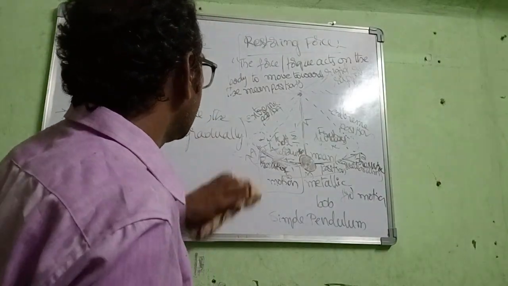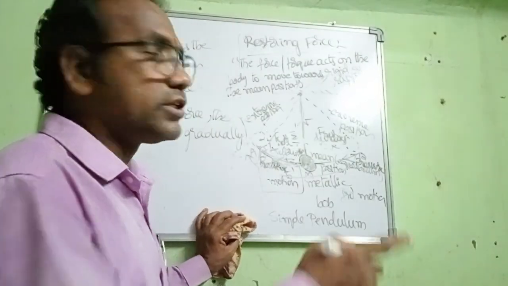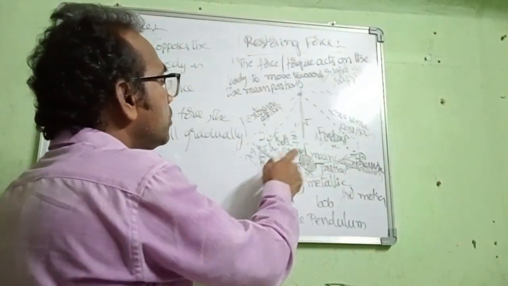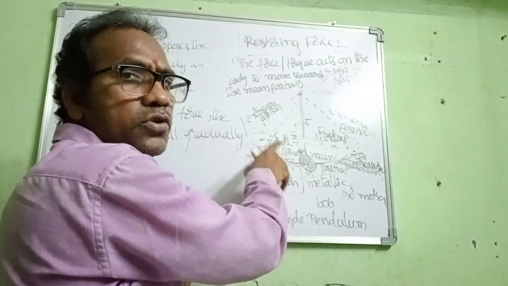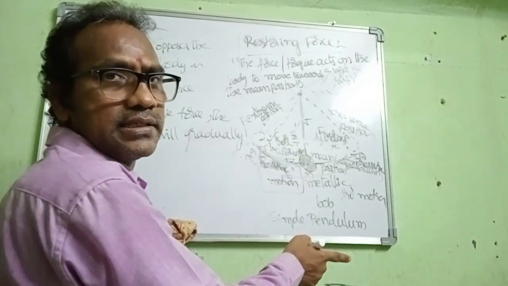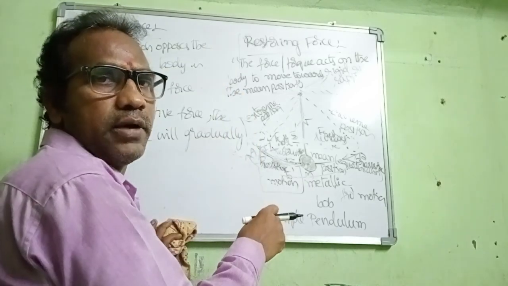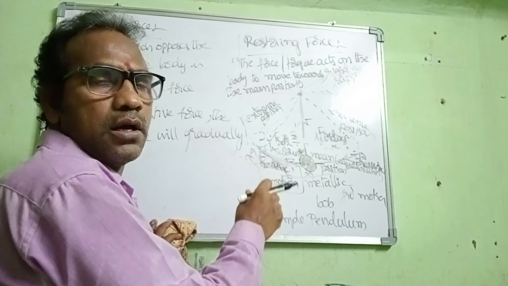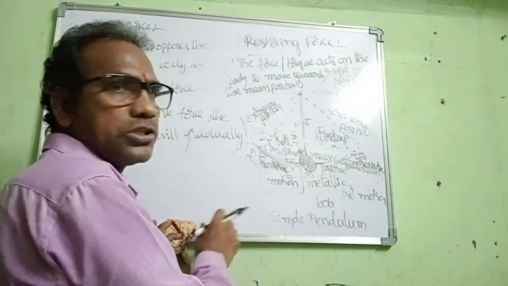Energy reduced means, because force decreases due to resistive force, meaning opposing force, the restoring force decreases. Restoring force decrease means energy decrease. Work done is force into displacement, so work done decreases. Work done decrease means potential energy decreases, so total energy will be reduced.